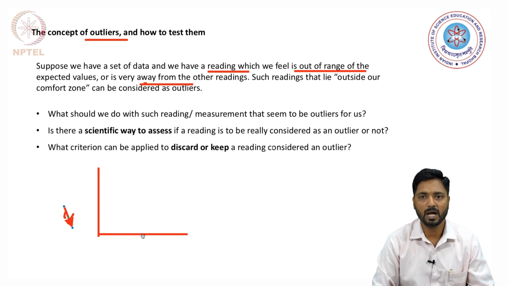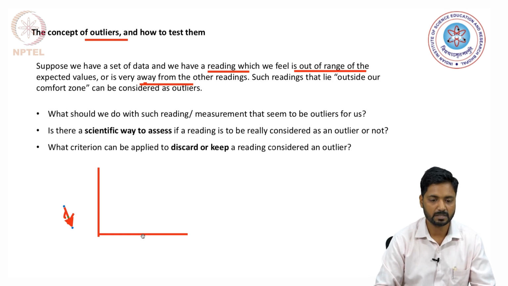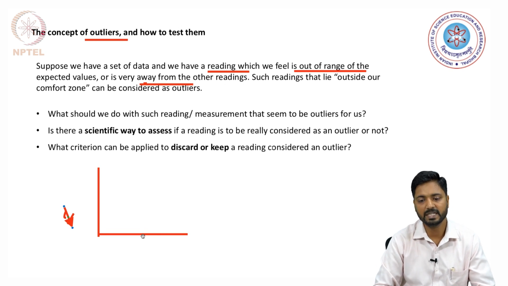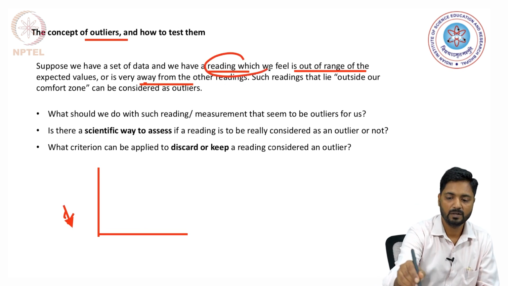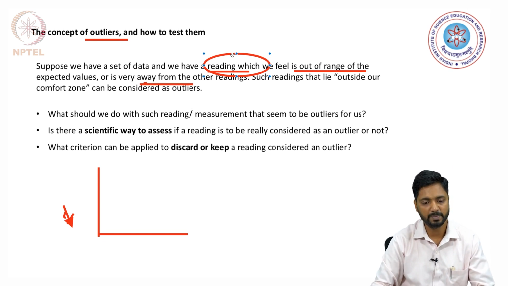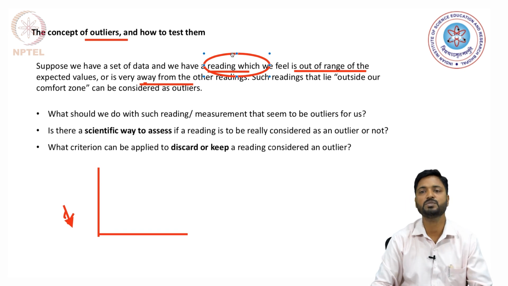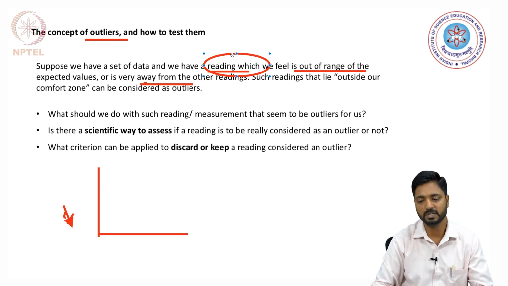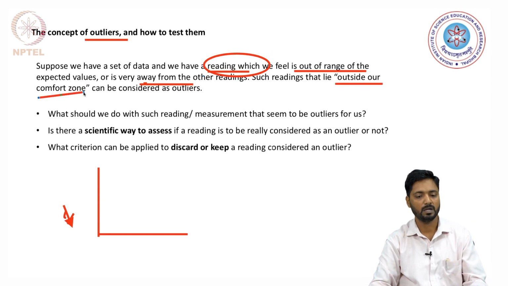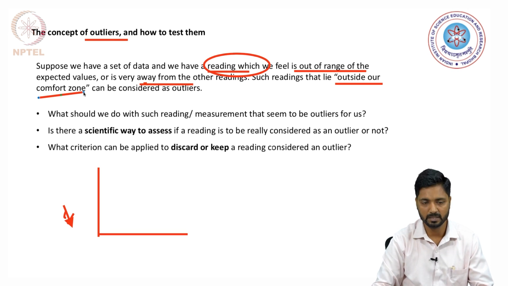Now, towards the last part of this class, let us look at the concept of outliers and how we test them. So, suppose we have a set of data and we have a reading which we feel is out of range of the expected values, or it is very far away from other readings. Such readings which lie outside our comfort zone are considered as outliers.